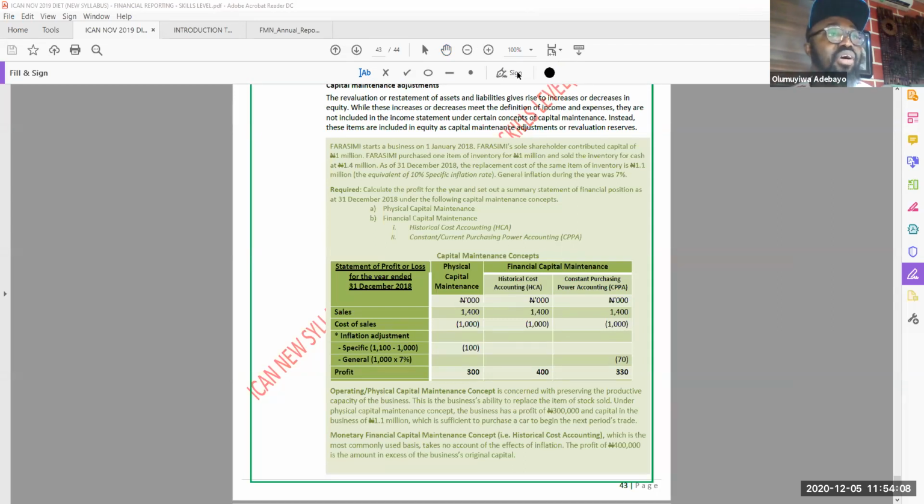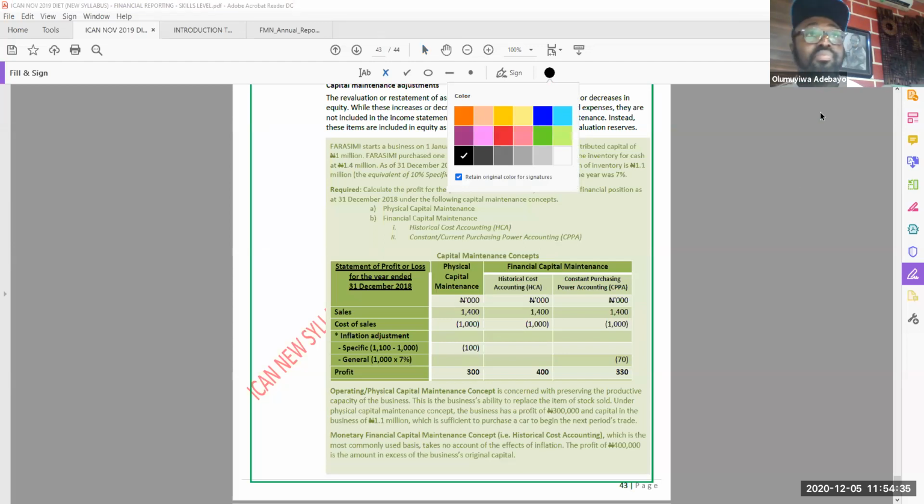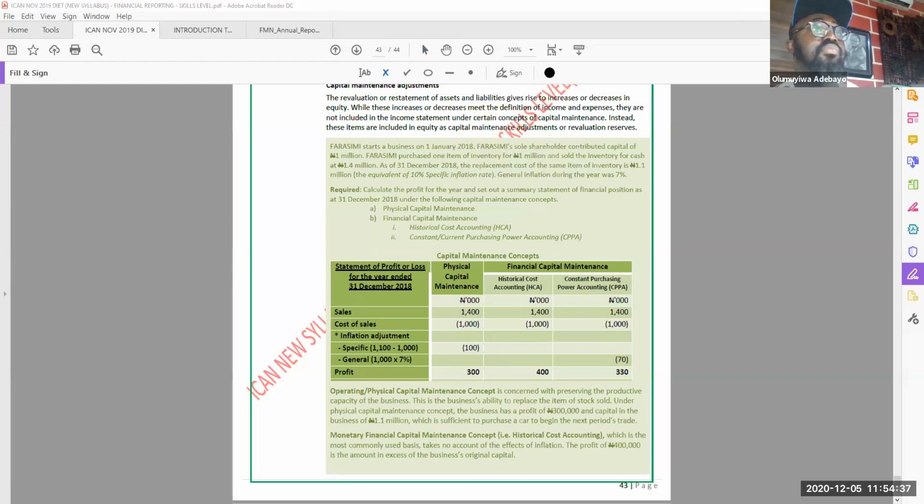Okay, you sold it for 1.4, regardless of the methodology.